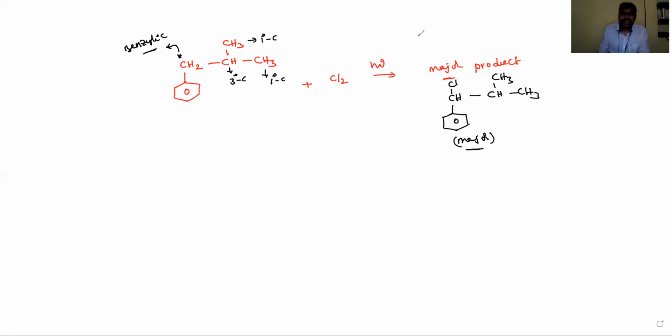Okay. Let's see the next important chemical property of alkanes, that is nitration of alkanes. The nitration reaction. Let's see, dear students.